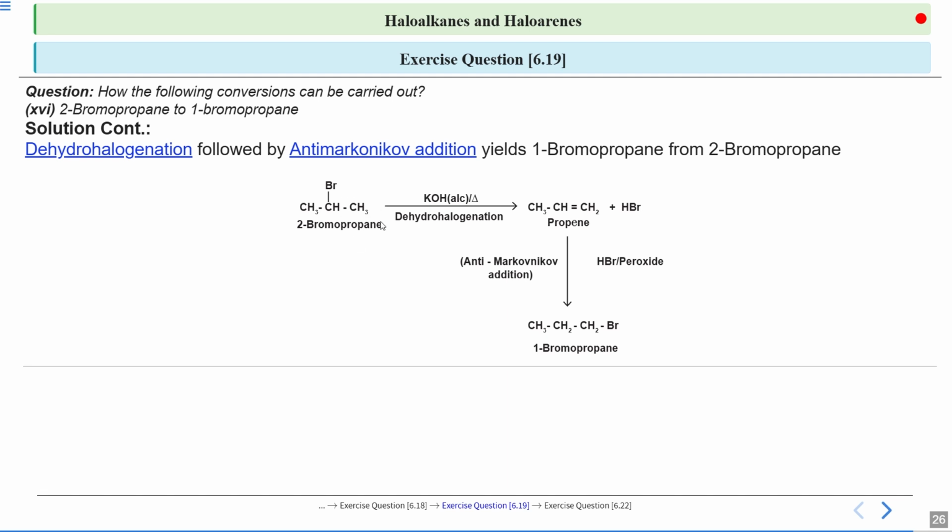The bromine along with beta hydrogen will be removed and you will get an alkene, that is propene, plus hydrogen bromide as a side product. Then you perform the anti-Markovnikov addition with hydrogen bromide in the presence of peroxide. The bromine will attack this carbon containing more hydrogen and you will get the major product as 1-bromopropane. So this is the conversion of 2-bromopropane to 1-bromopropane.